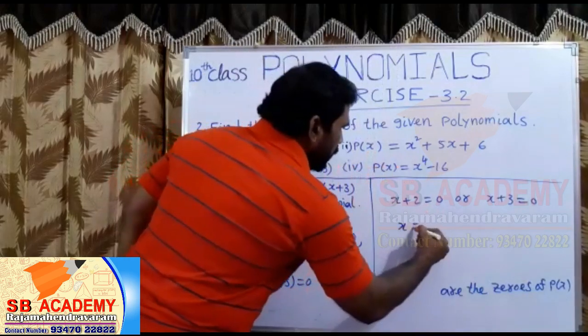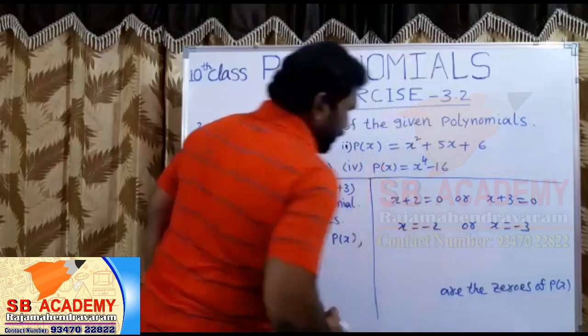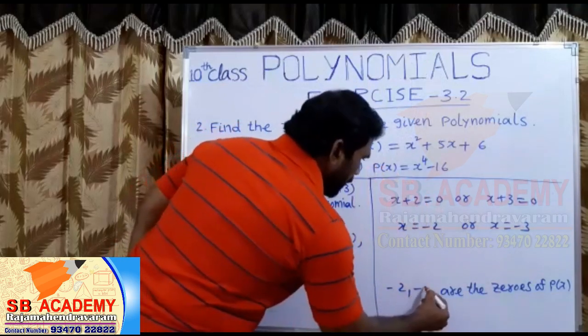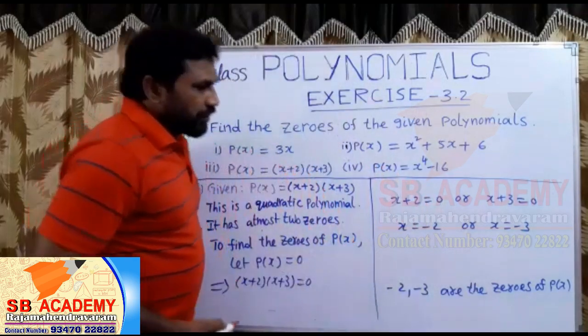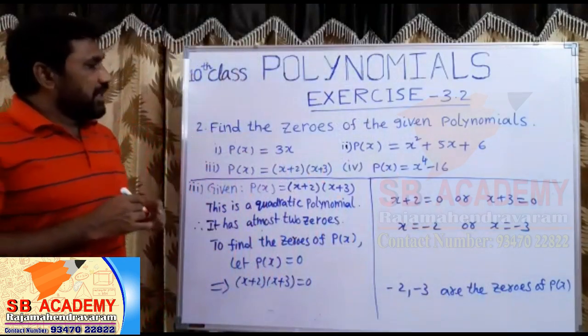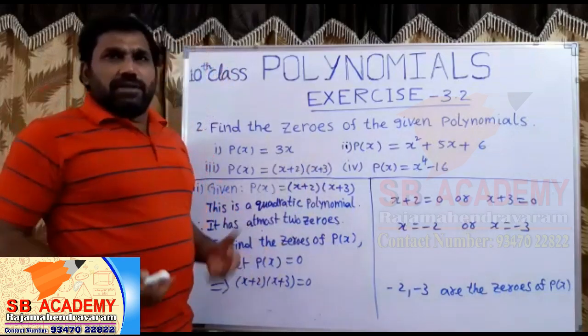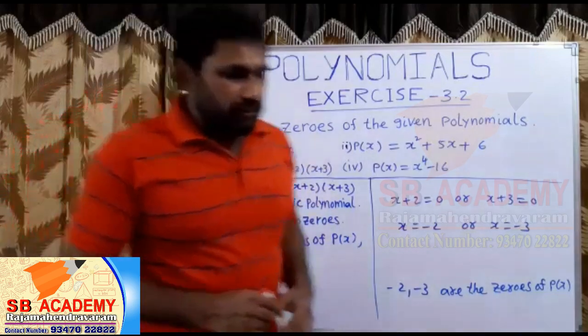So what is the value of x? Minus 2 or x equal to minus 3. Therefore, minus 2 comma minus 3 are the zeros of p of x. That's it. Okay, children, do the fourth sum as homework. Try yourself. Okay.